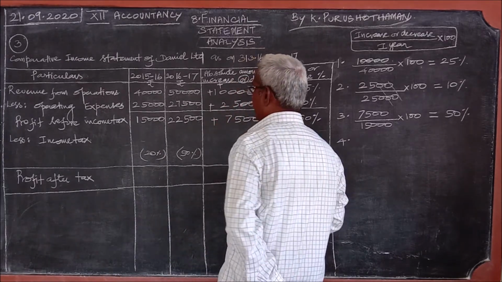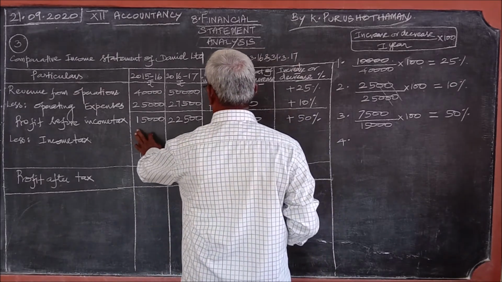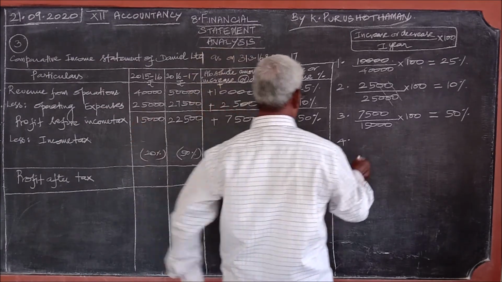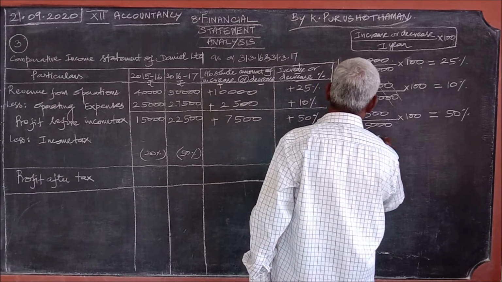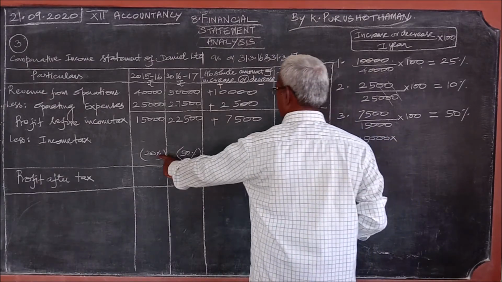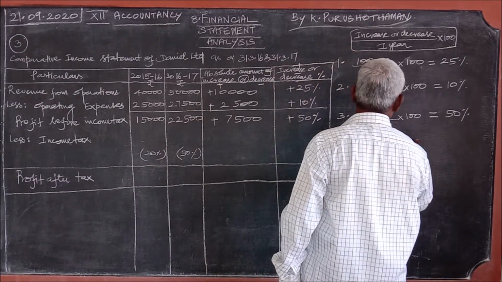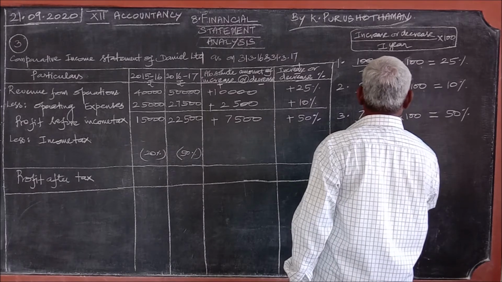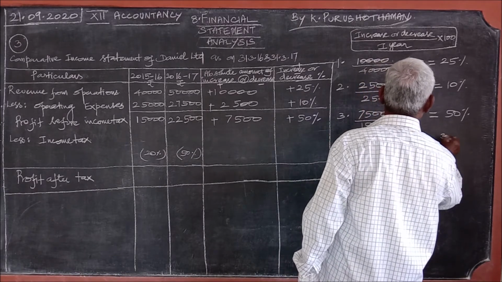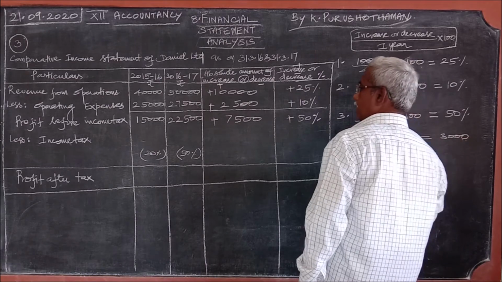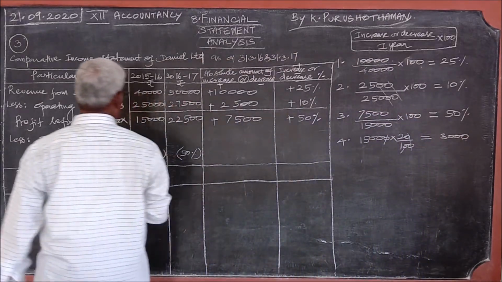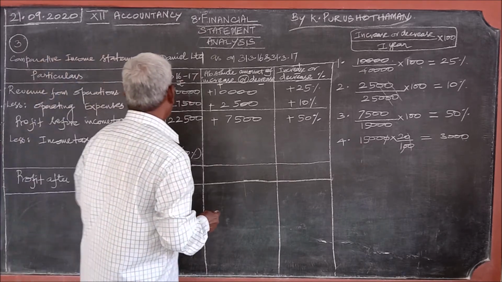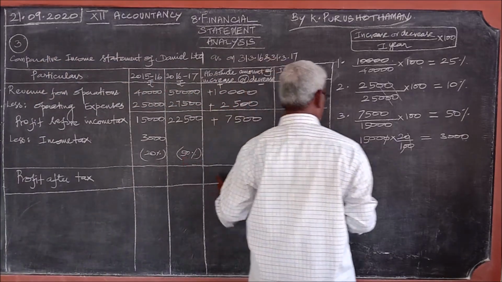Now we shall find the income tax. Only for the profit earned by the company there is income tax. For 15,000 first year, what is the percentage of income tax? Only 20%. So 20 by 100, 2 into 1,500, 3,000 rupees. So first year income tax is 3,000. Then for the second year this is 50%.